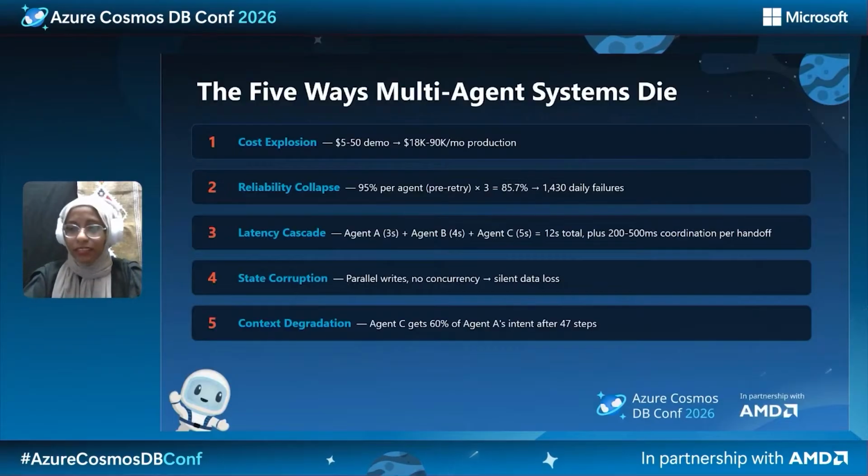That is 12 seconds total plus 200 to 500 milliseconds of coordination between the handoffs. Number 4 is state corruption: parallel writes with no concurrency control mean silent data loss. And 5 is the context degradation: Agent C gets only 60% of Agent A's original intent after 47 steps.